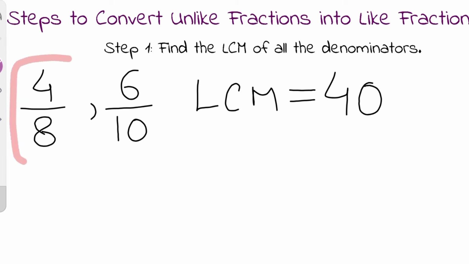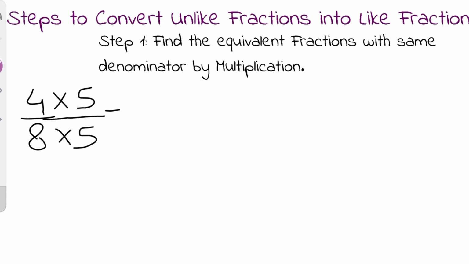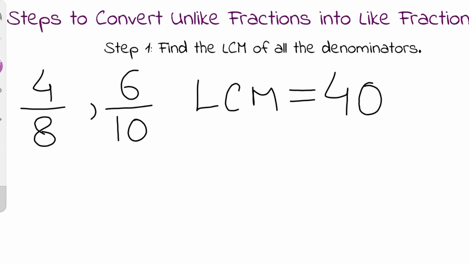So we will multiply both the numerator and denominator by 5, and the result will be 20 upon 40.